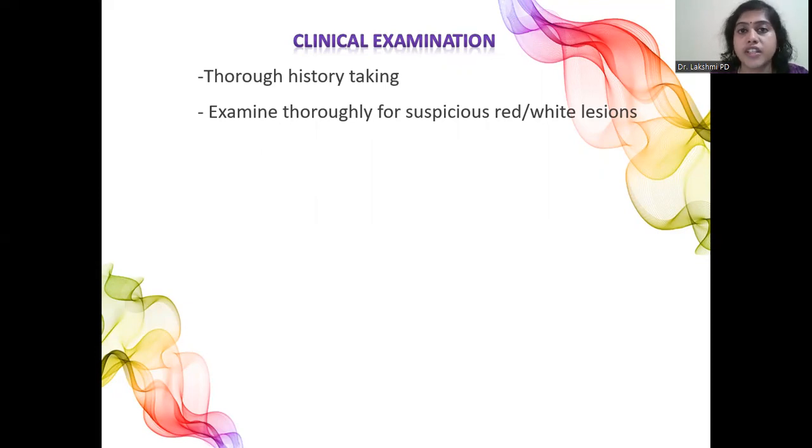And once your history taking is completely done and you have ticked off all the areas that have to be covered, you next have to examine the intraoral cavity thoroughly for any sort of suspicious red or white lesions.